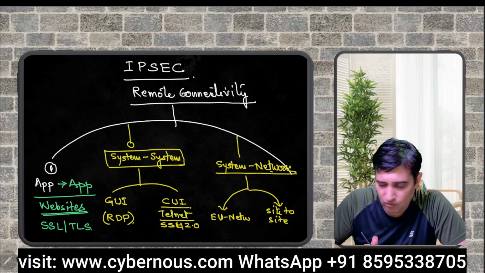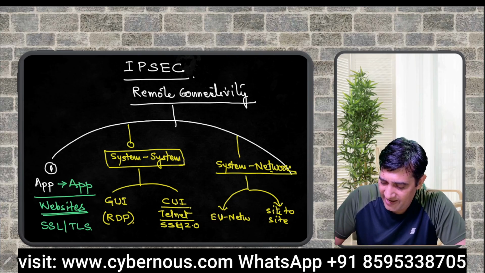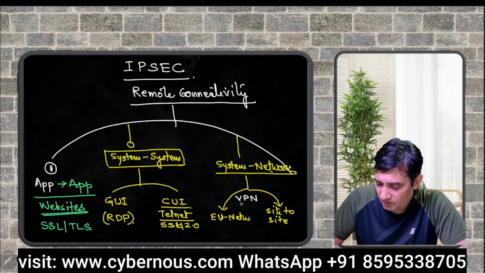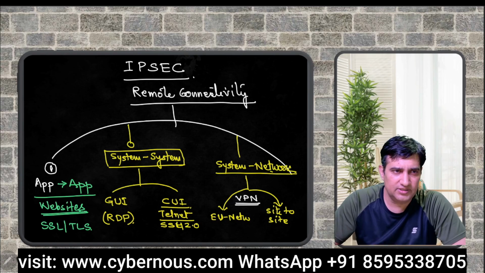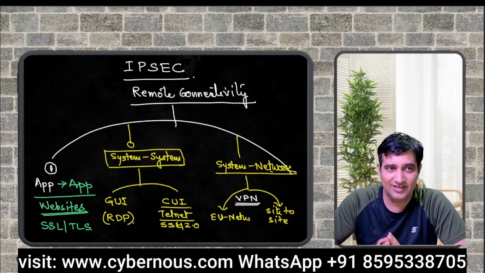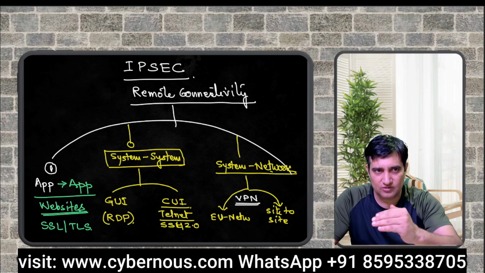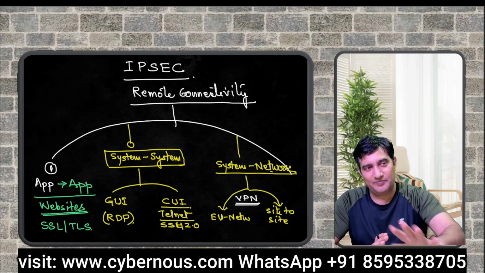This is normally achieved by using something called a VPN, virtual private network. We call it virtual because this entire thing is virtual. There are no separate pipelines or wires spread out.